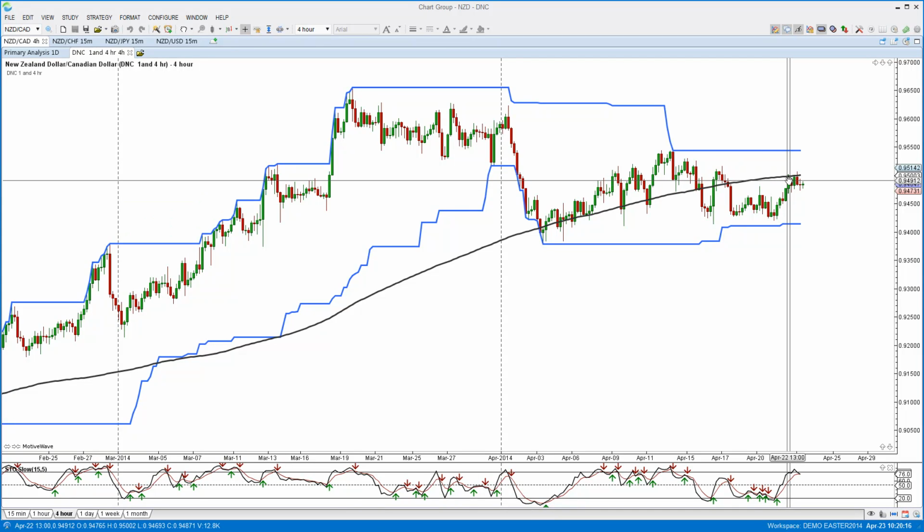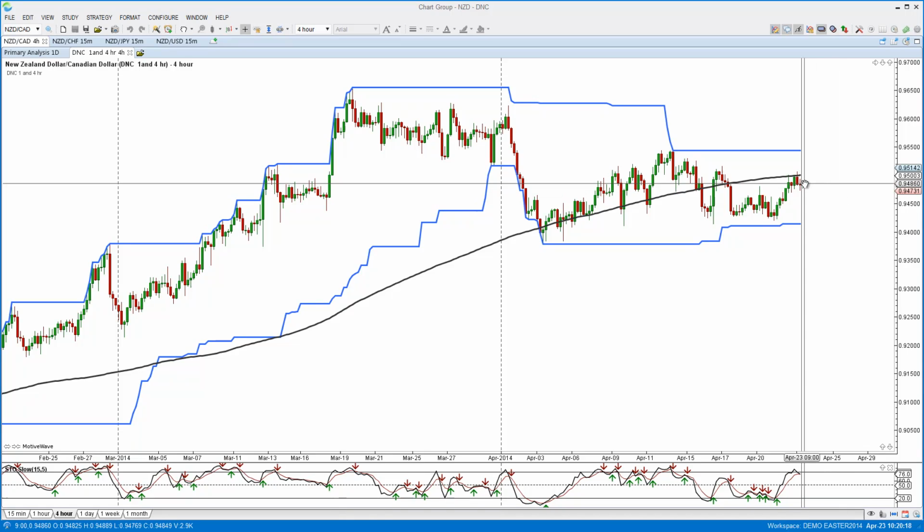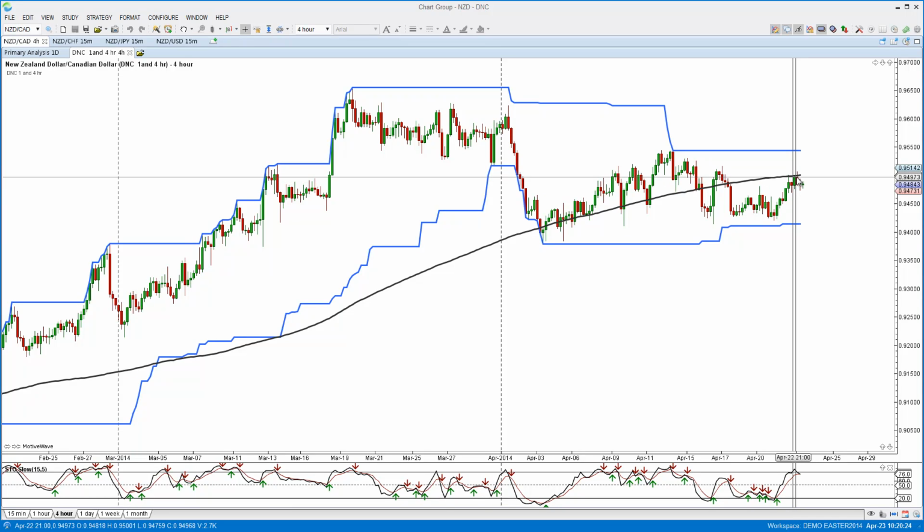And our MTFA tool is actually saying, listen, just watch out, stay on guard. In reality, we're trying to keep away from losing trades and take high probability trades. That's what we're here to do, make money and not lose money.